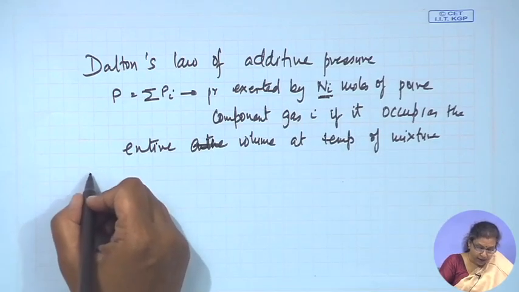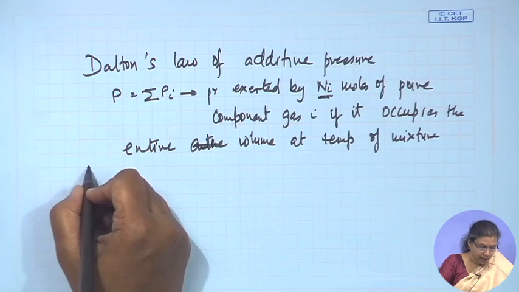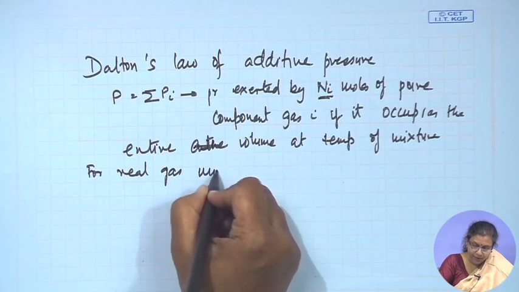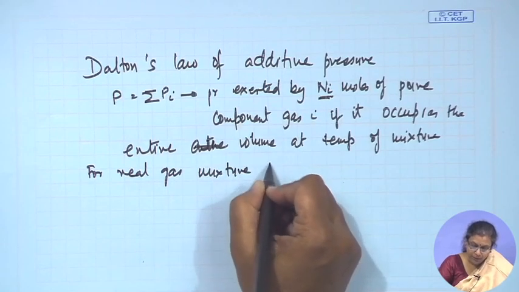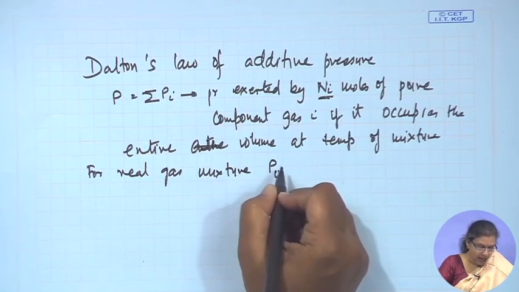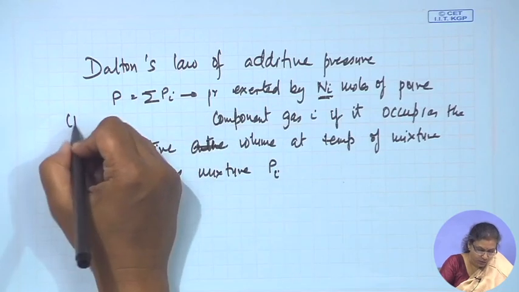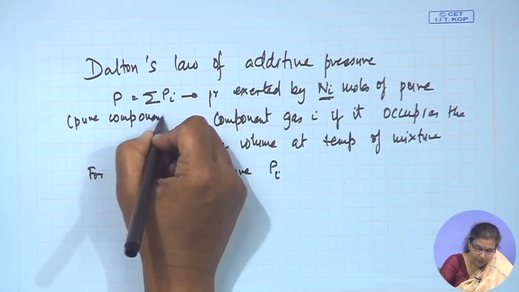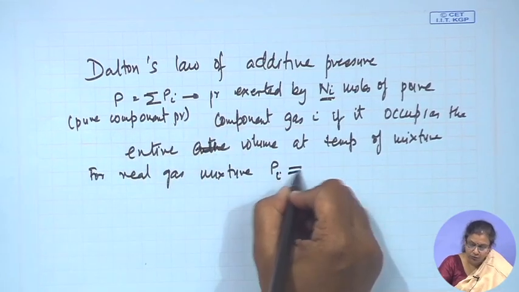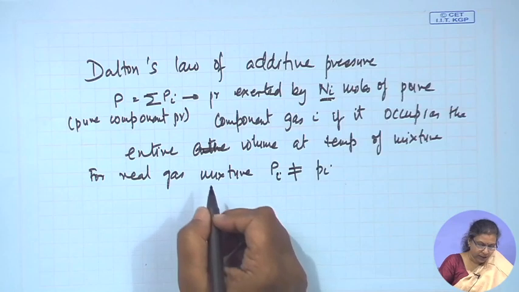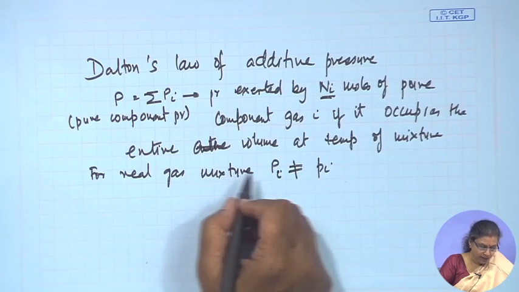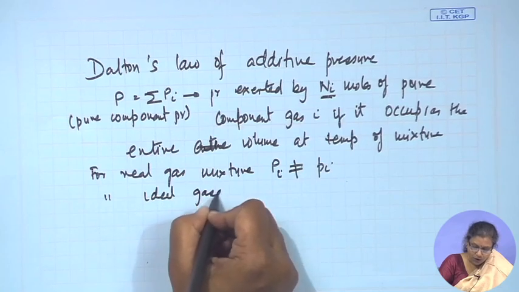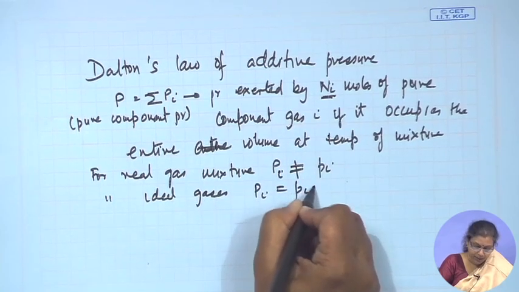Now, it is important to remember that for real gas mixtures, it can happen that the pure component pressure, the Pi, this is usually known as the pure component pressure, may not be equal to the partial pressure. It can happen if interactions are quite dissimilar, but for ideal gases we always have the pure component pressure equal to the partial pressure.